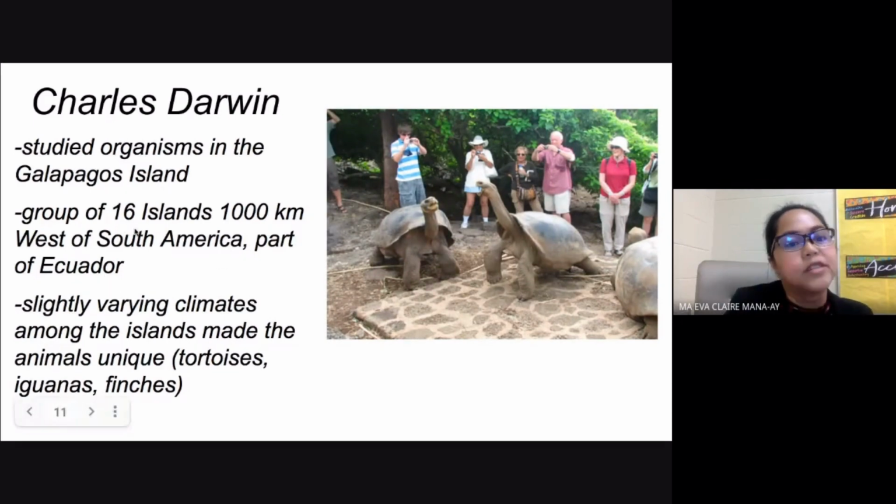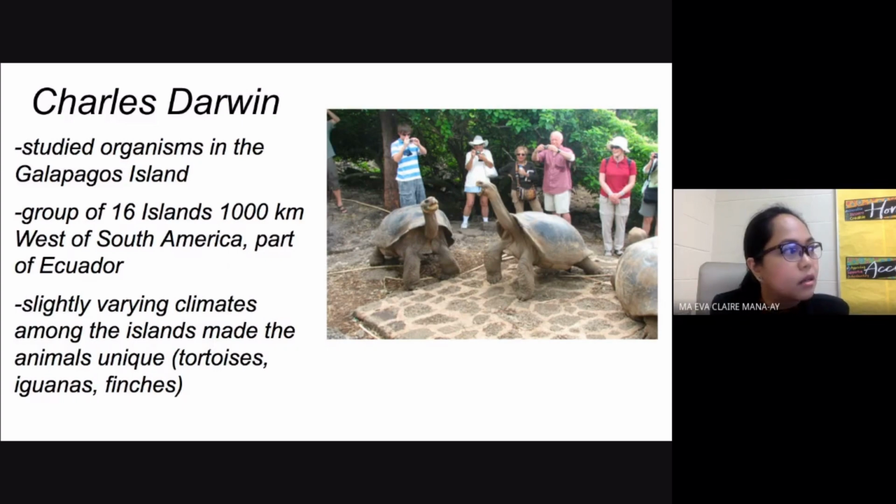It's a group of 16 islands, and all of these islands had varying climates. You all know what climate is, right? Anyone who can tell us what climate is? The weather, that's correct. But when you say weather, it's daily. It's day-to-day changes in your environment, day-to-day changes in your atmosphere.